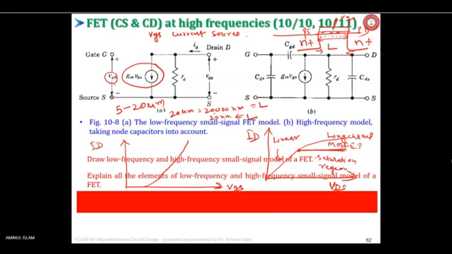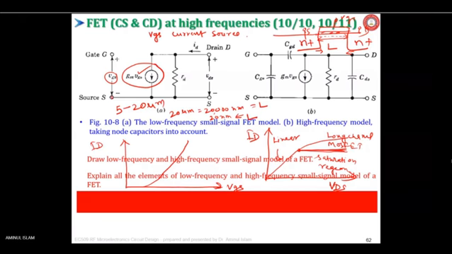Because of this, the MOSFET behaves like a current source, because in the saturation region the current will be constant. An ideal current source gives a constant current irrespective of the voltage across it. Voltage across it may be anything, but it gives constant current. That is what is denoted by gm VGS.